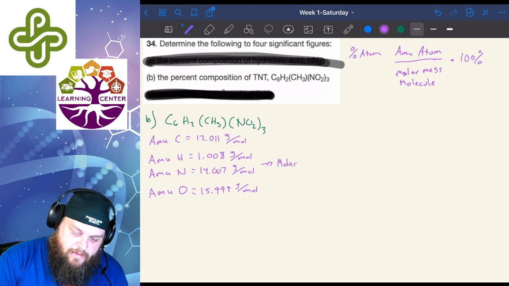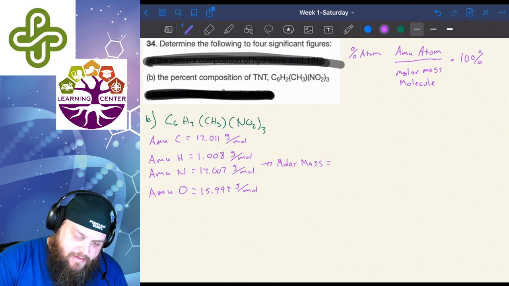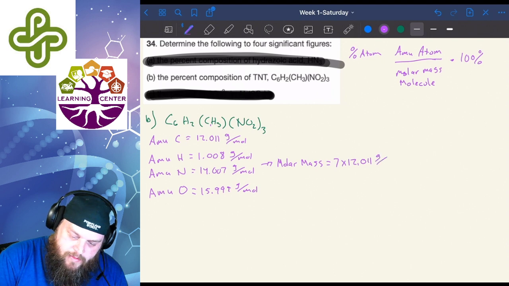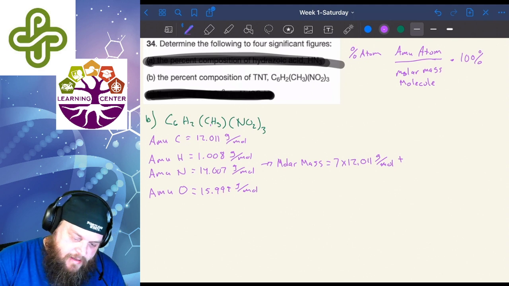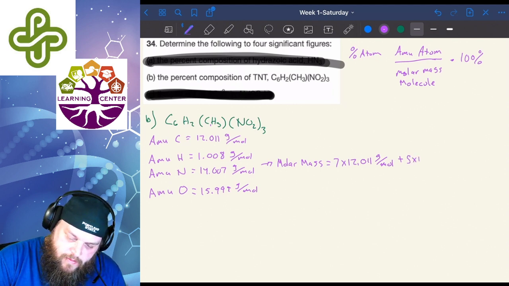Molecular mass. The molar mass. Which is going to be equal to carbons. I have 6 plus 1. So that's 7. So 7 times 12.011 grams per mole. Plus, we're going to add to that hydrogens. We have 2 plus 3. So that's 5 total. 5 times 1.008 plus nitrogen.